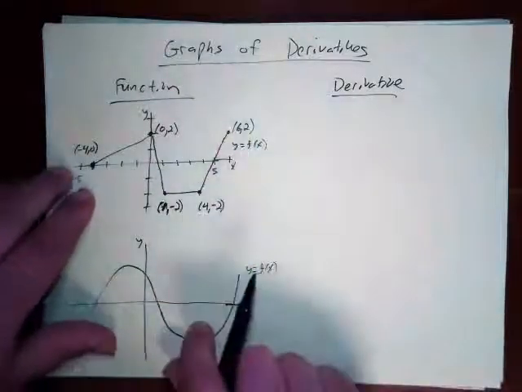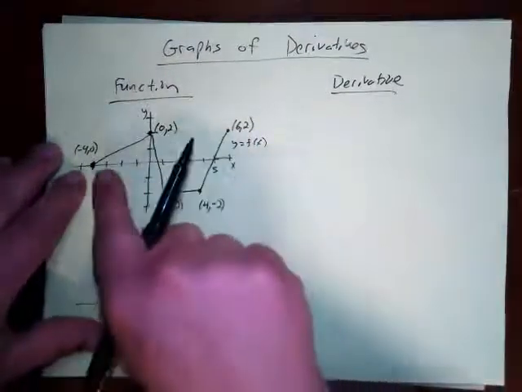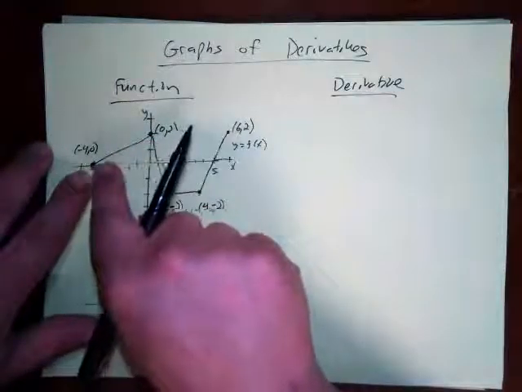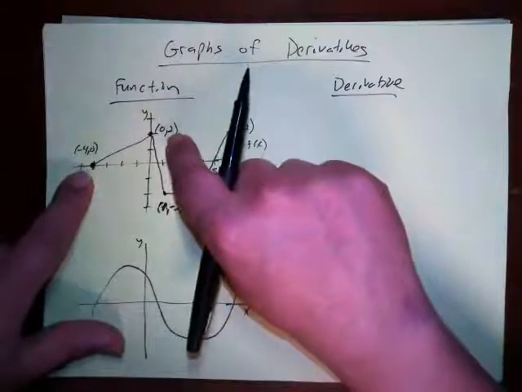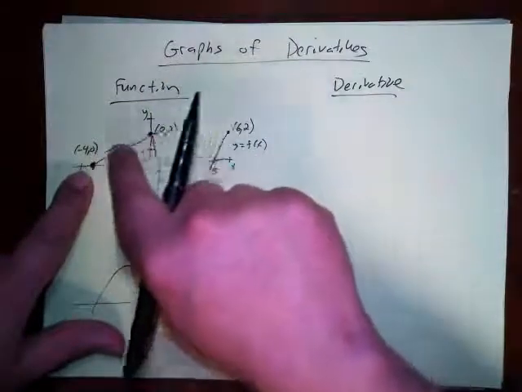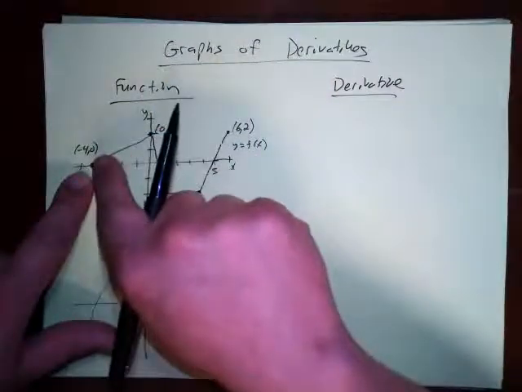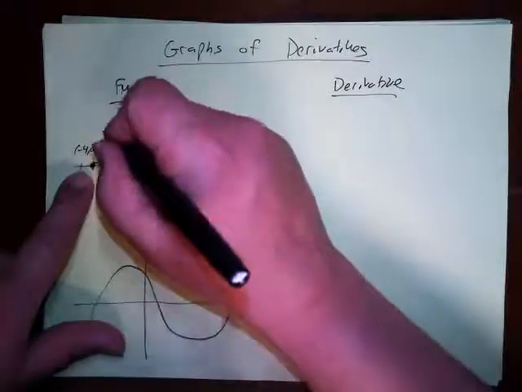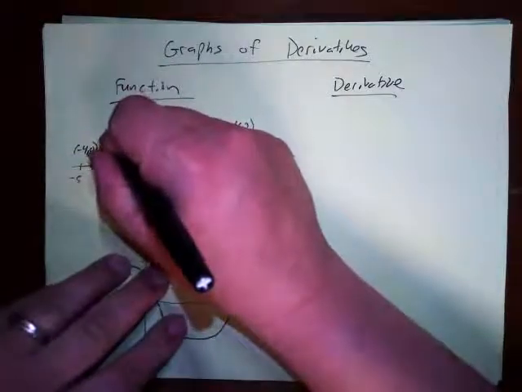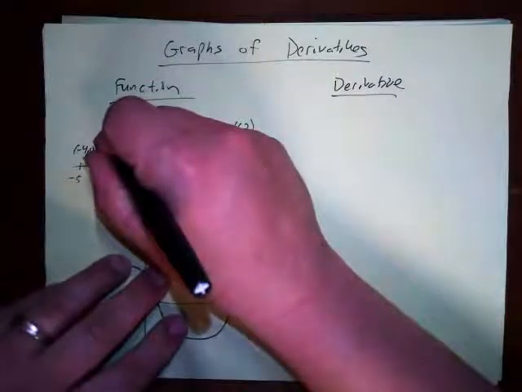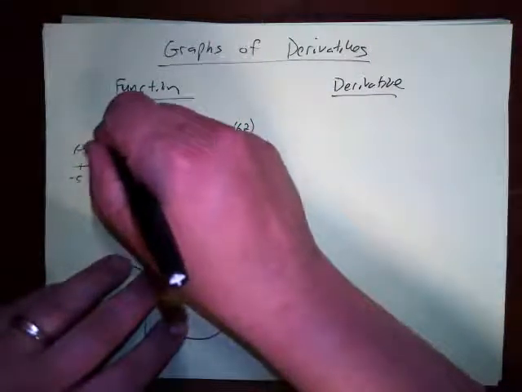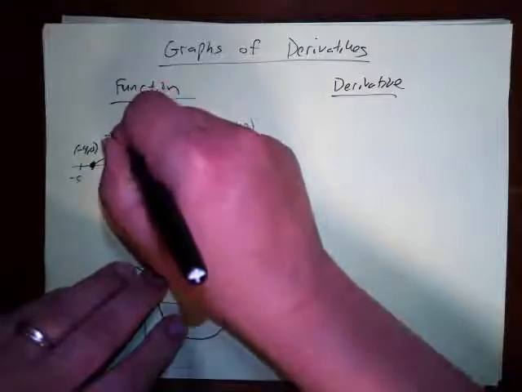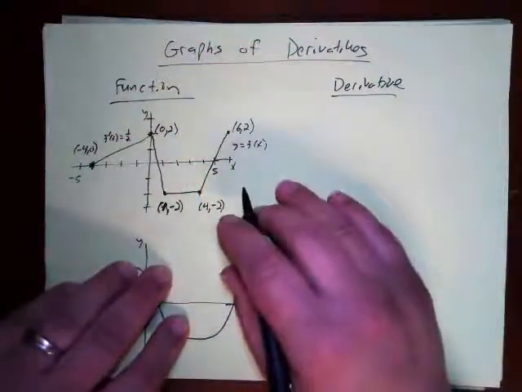So for this graph, I'm going to start out by just finding what the rate of change is over each of these intervals. Over this one, the change in y is 2, and the change in x is 4, so 2 over 4. So the slope here is 1/2. I could say f prime of x on this interval is a positive 1/2.